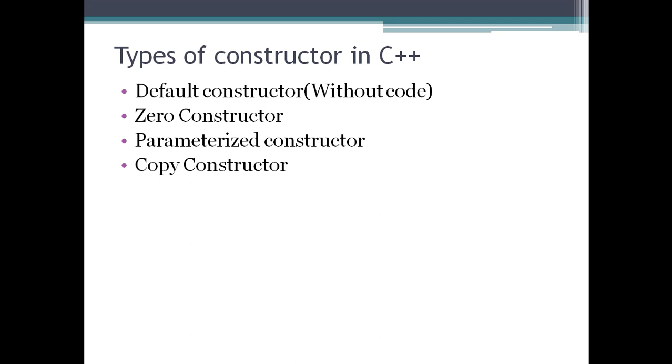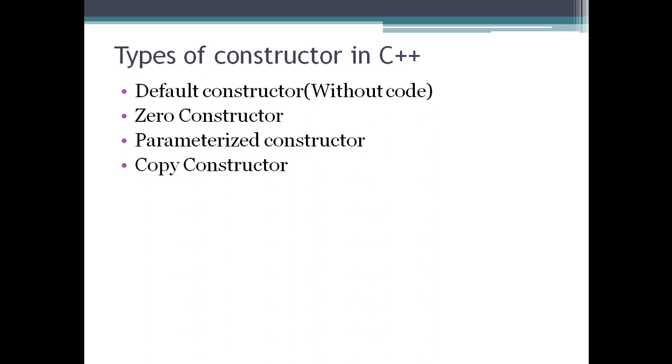Next, what are the different types of constructors? There is the default constructor, which is without code as I discussed, and the zero constructor. Some textbooks classify them into 2 types, 3 types or 4 types, depending on the authors, but again we will be considering the default constructor without code. Implicitly the compiler will create a constructor if the user is not specifying one, and the normal constructor we can call a zero constructor.